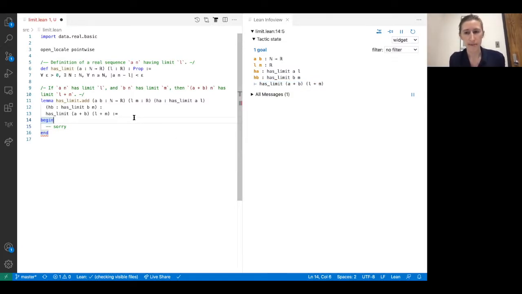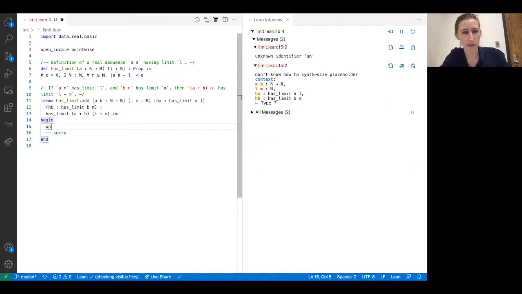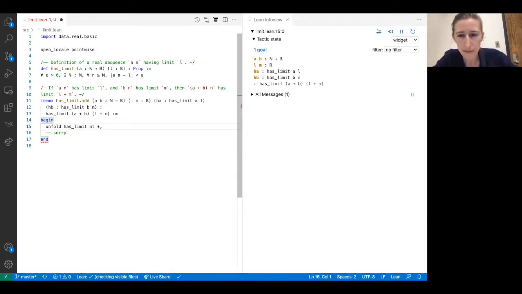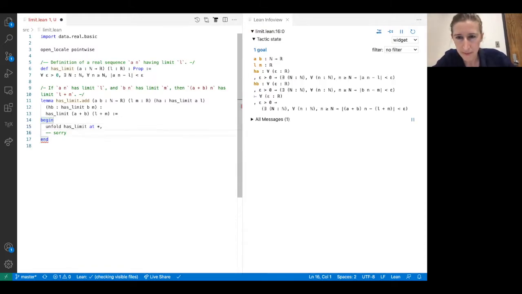And so I'm going to prove maybe not all of this, but enough to give you the sense. I can start by telling it to unfold the definition of limit. And as you can see, as I move my cursor from one line to the next, it transforms the goal state according to the instruction given at that line.